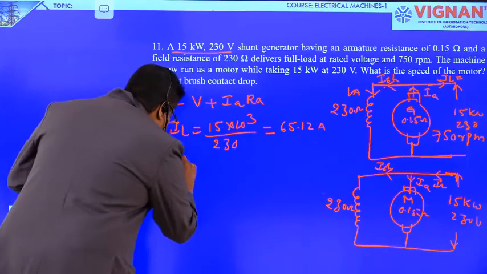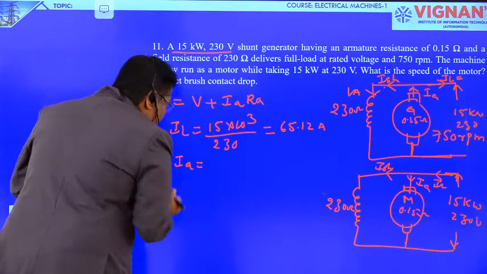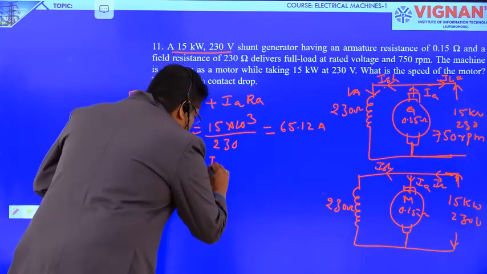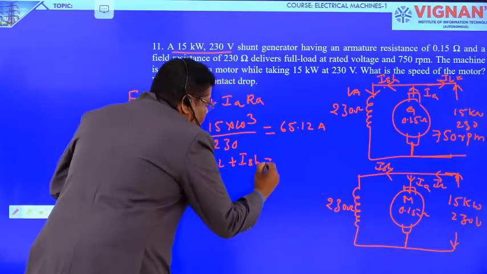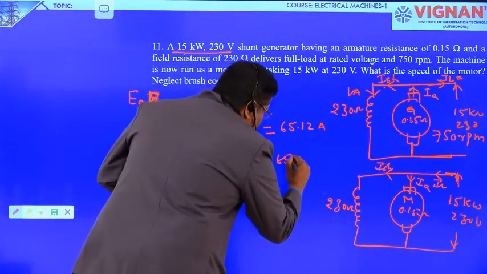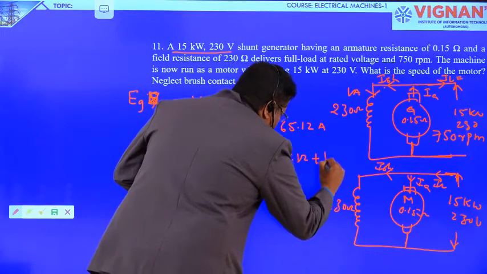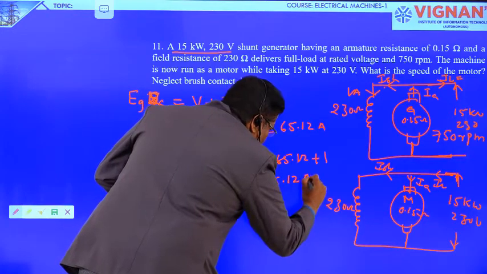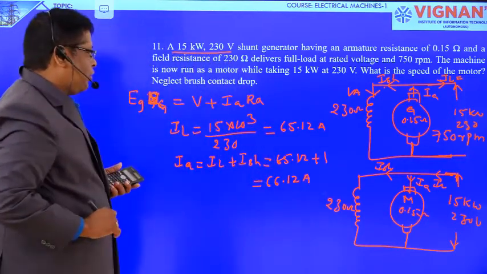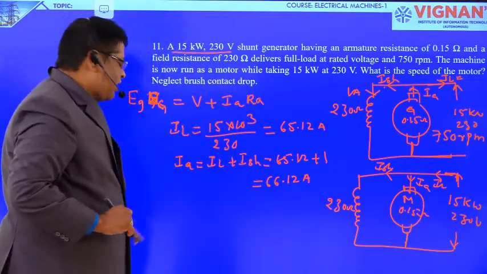Now the armature current equal to load current plus shunt field current. This is equal to 65.12 plus 1 ampere. You are getting 66.12 amperes. Now you substitute this value here.